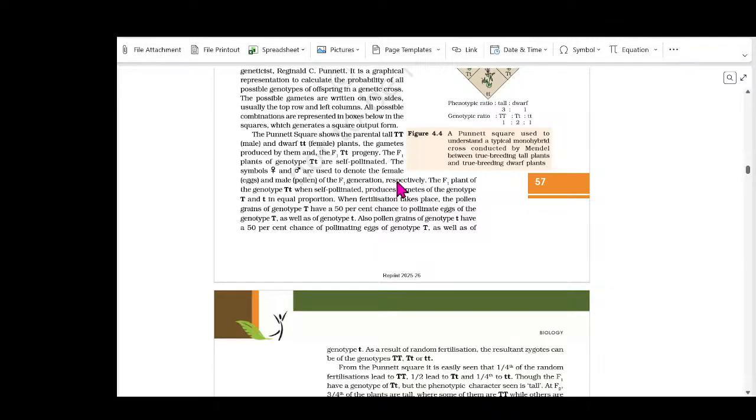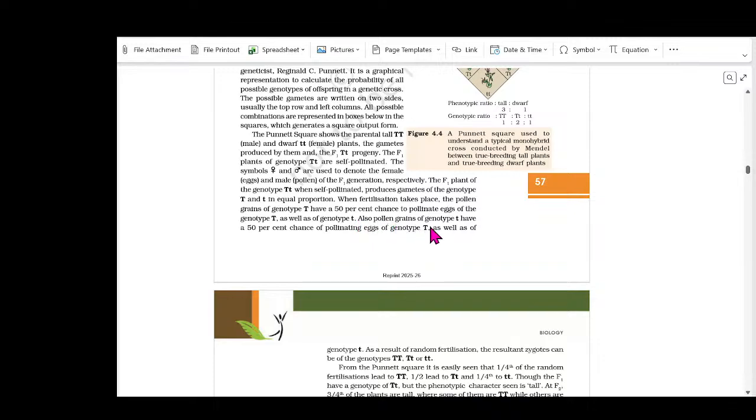F1 generation respectively. The F1 plant of the genotype capital T small t, when self-pollinated, produces gametes of the genotype capital T and small t in equal proportion. When fertilization takes place, the pollen grains of genotype capital T have a 50% chance to pollinate the eggs of the genotype capital T as well as of the genotype small t.